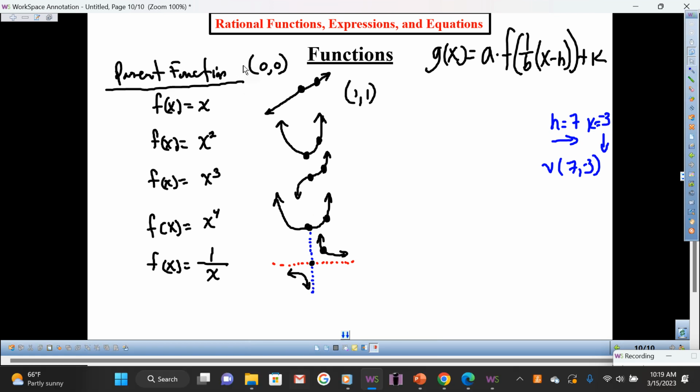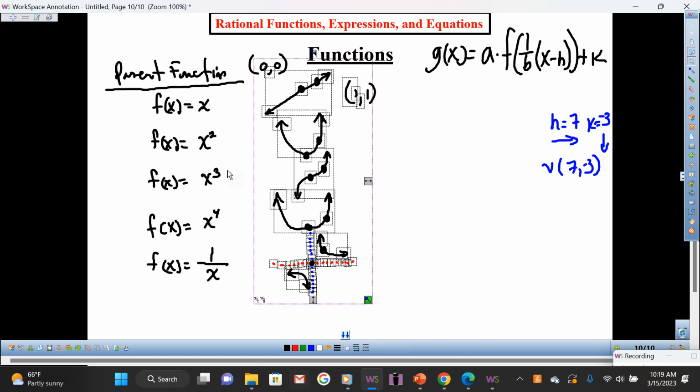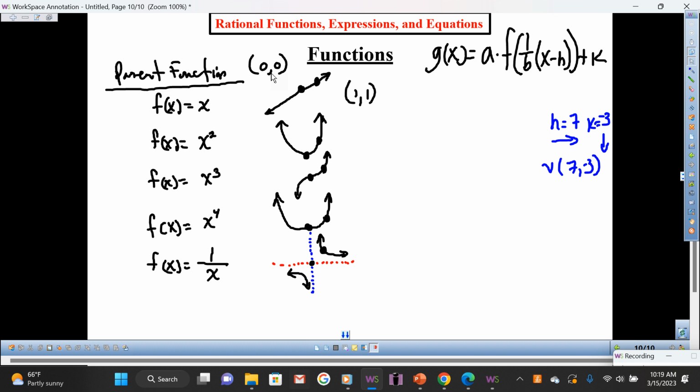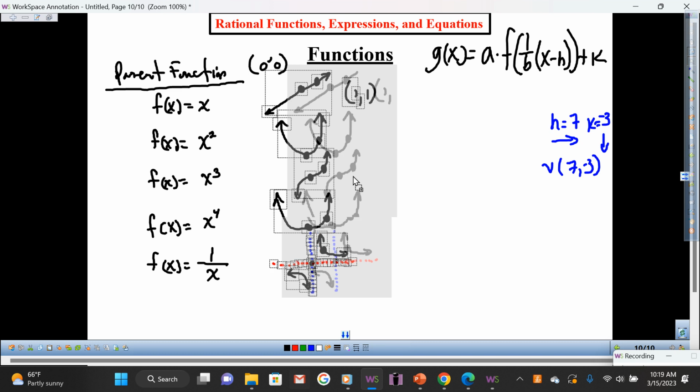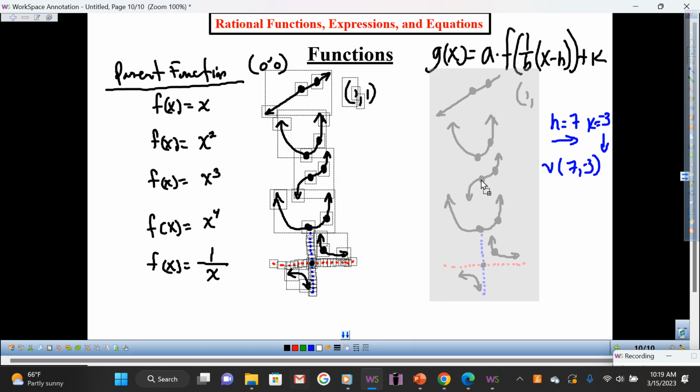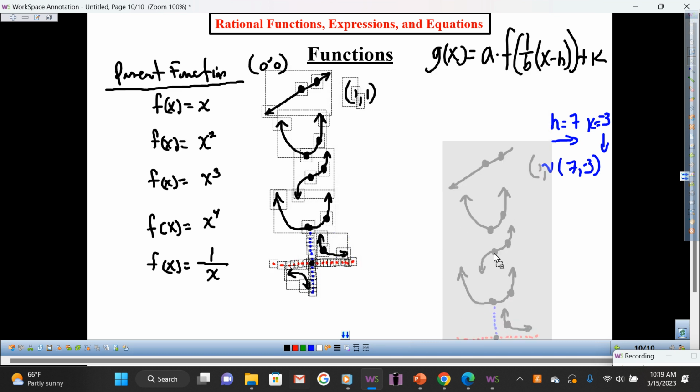I'm going to take all of the functions and move them 7 to the right and 3 down.